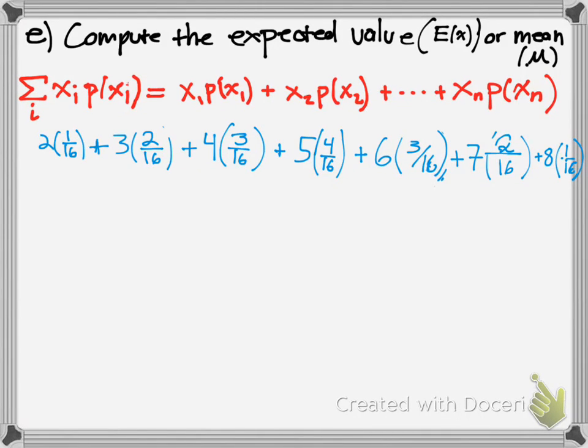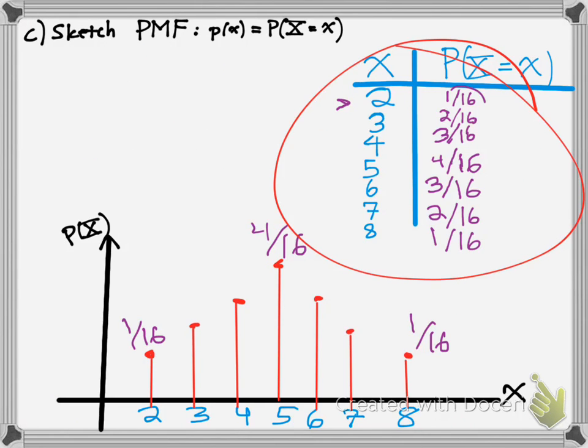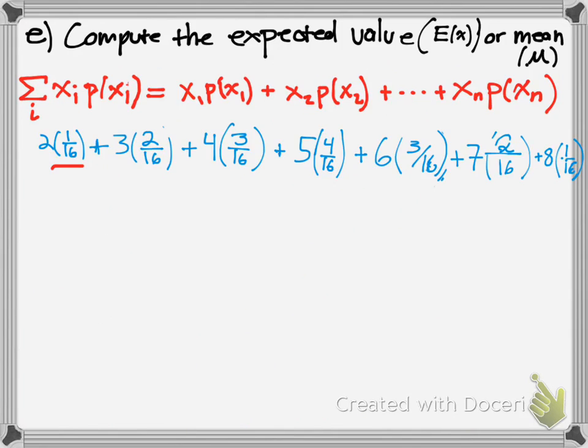What you do is you take your x values, so we had 2 through 8, and then you multiply by the probability of that happening. For this one, you pretty much refer to this graph right here, and that's where we got the values. You just multiply all these across, and then you add them together. It's pretty much that simple.